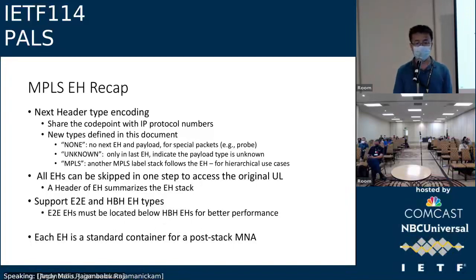All the extension headers can be skipped in one step because we know the overall size of the extension headers, so it allows us to quickly access the original upper layer protocol. We also explicitly support two types of extension headers, end-to-end type and hop-by-hop type. We require that the end-to-end type extension headers must be located after the hop-by-hop ones, because hop-by-hop needs to be processed at every hop.